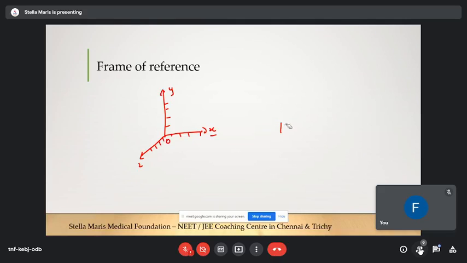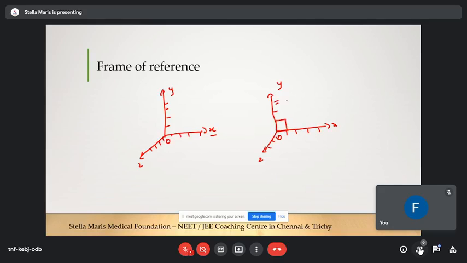A frame of reference is nothing but the system with respect to which we say that this object is in motion. For example, let's say this is Auxilia, and this is the object she's observing.